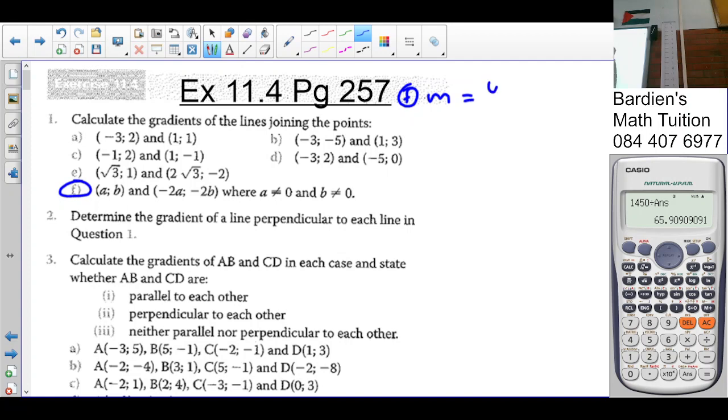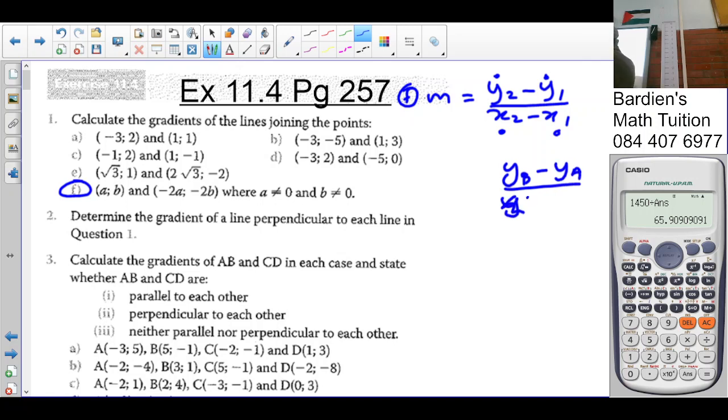how do you work out gradient? y2 minus y1 over x2 minus x1. Or you use m equals yB minus yA over xB minus xA, no? It doesn't matter, it's the same thing. As long as if you go yB minus yA, this must be over xB minus xA.